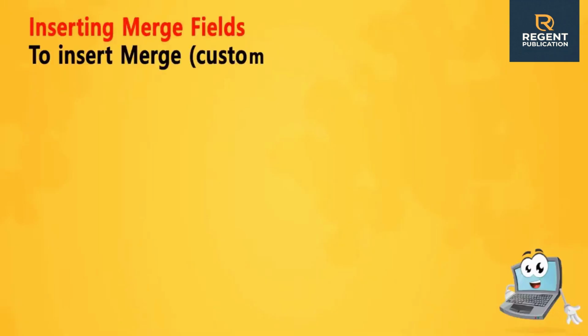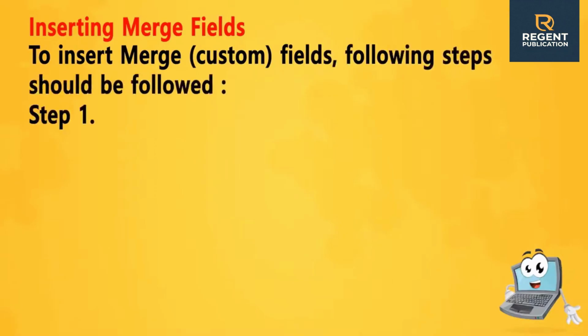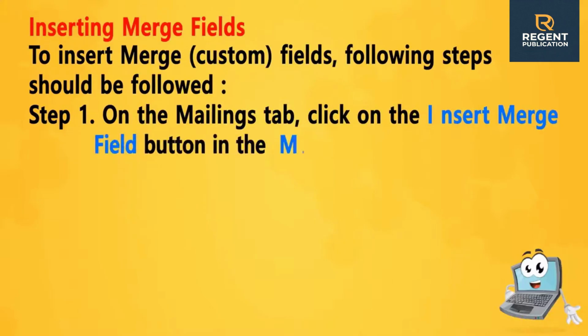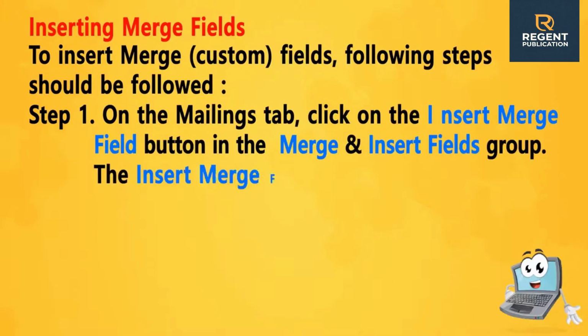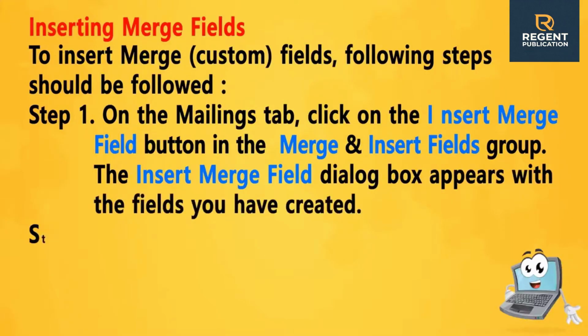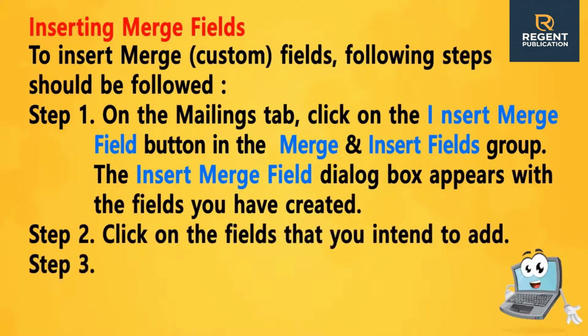Inserting merge fields. To insert merge fields, the following steps should be followed. Step 1. On the Mailings tab, click on the Insert Merge Field button in the Write and Insert Fields group. The Insert Merge Field dialog box appears with the fields you have created. Step 2. Click on the fields that you intend to add.